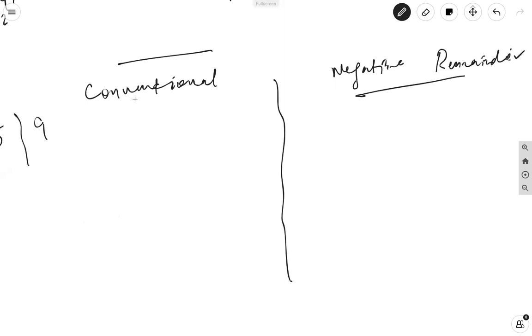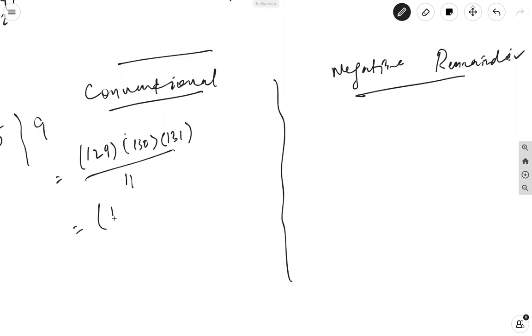Okay. The question is, we have 129 into 130 into 131 divided by 11. So what is the closest multiple of 11 less than 129? That is 121, 11 into 11.